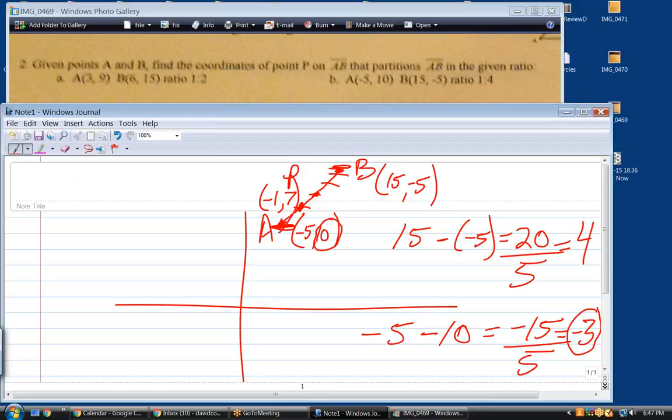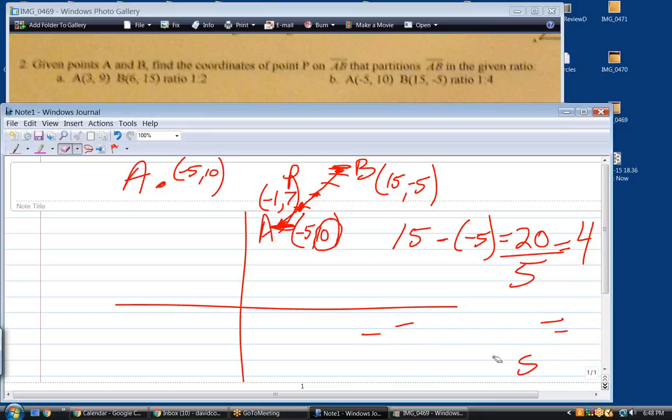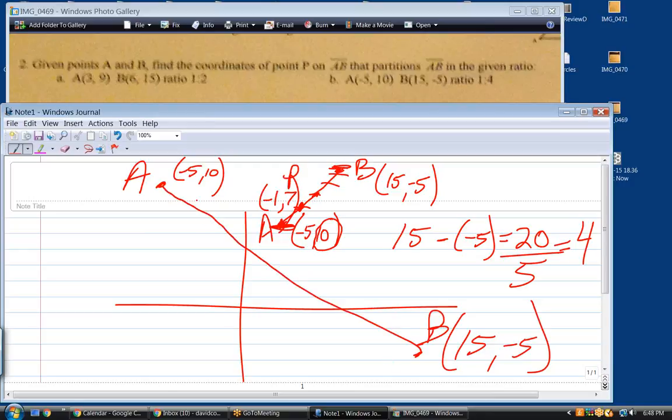And I probably confused the issue a little bit by drawing the picture the way I drew it. Let me draw the graph the way it should be drawn. There's point A. That's -5, 10. And point B is way over here, way down here at 15, -5. So really, I'm progressing from A to B in that direction, and there's P right there.